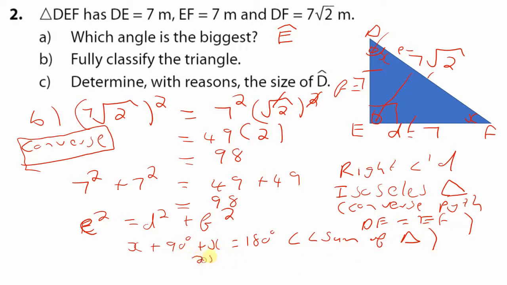We have 2x equals 180. Swing the 90 across, so it's 180 degrees minus 90 degrees. So therefore, in fact, we have 2x equals 90 degrees. Divide both sides by 2, so x is in fact 45 degrees.